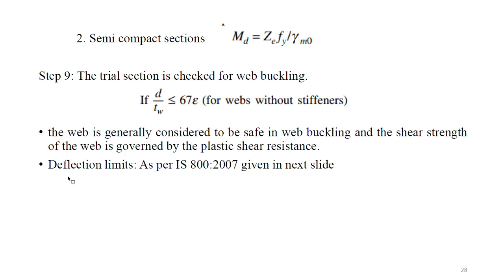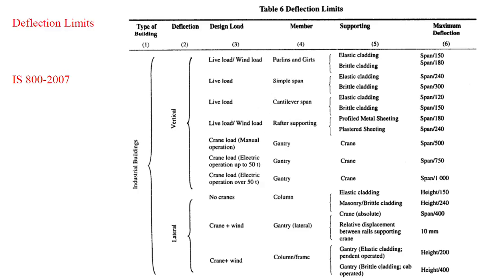Okay, and we follow the deflection limits as per IS 800 2007. If you are applying live load or wind load on a purlin or girt type of flexural member, you can take elastic cladding or brittle cladding, any type of material.